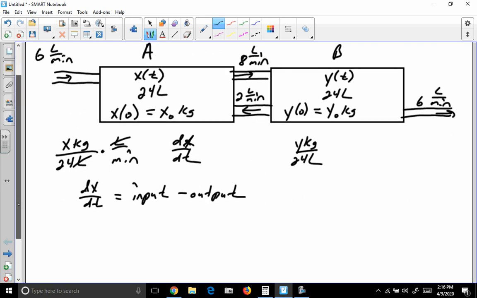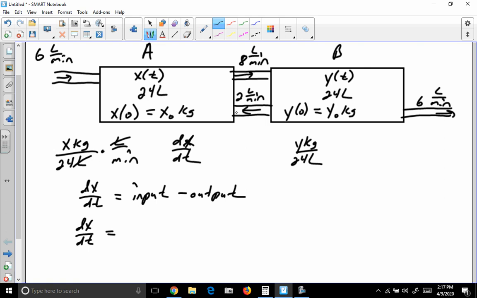So let's take these tank by tank. For the first tank, this is pure water coming in, and this is a salt solution. Pure water has no salt at all. So this inlet provides no change in salt. No additional salt added to it, no salt taken away from it.